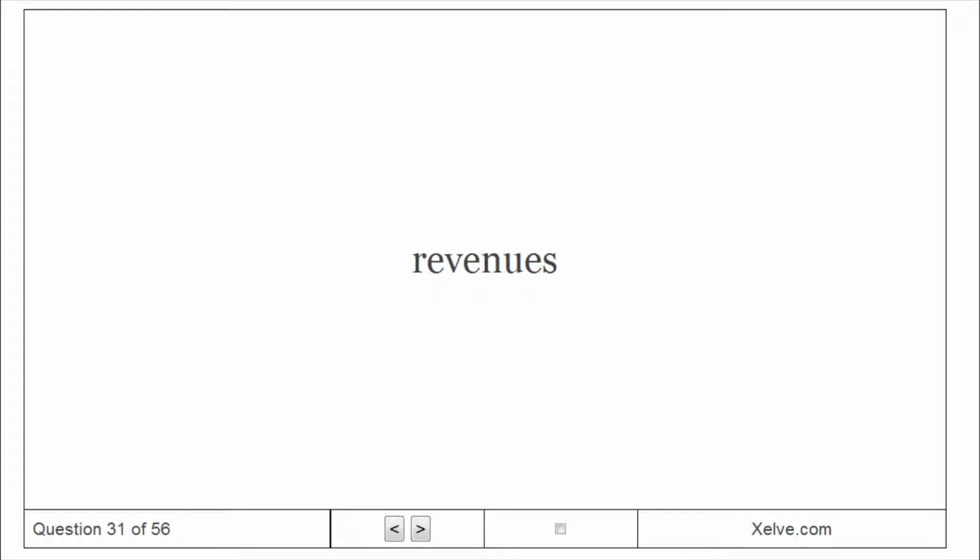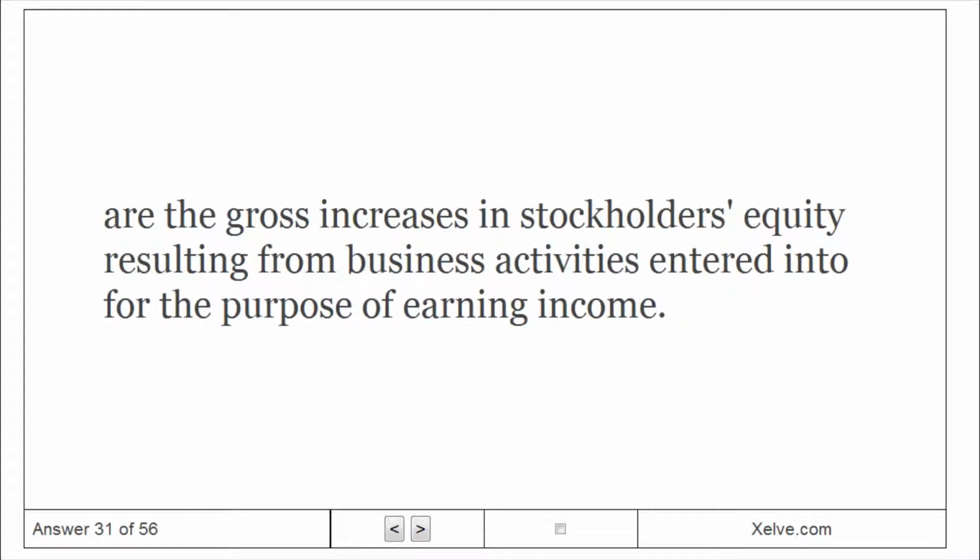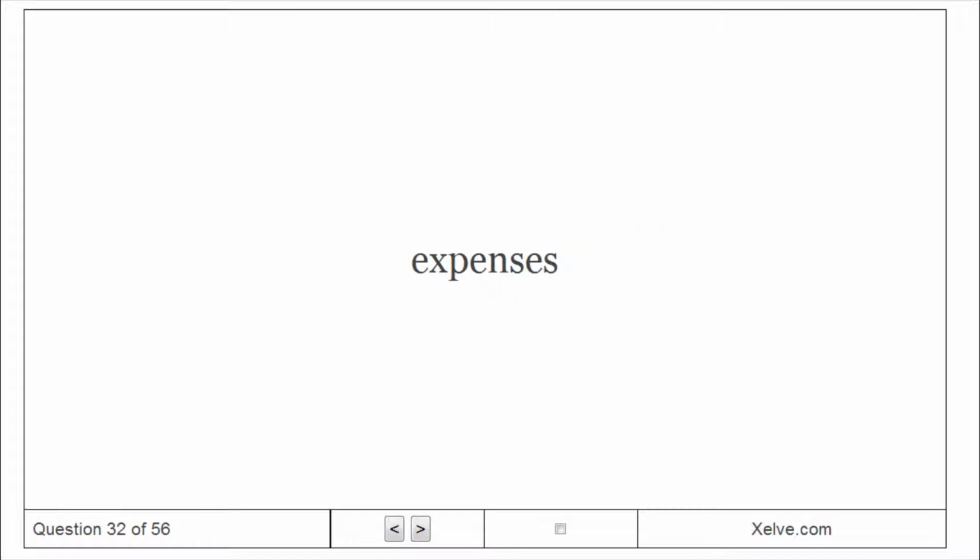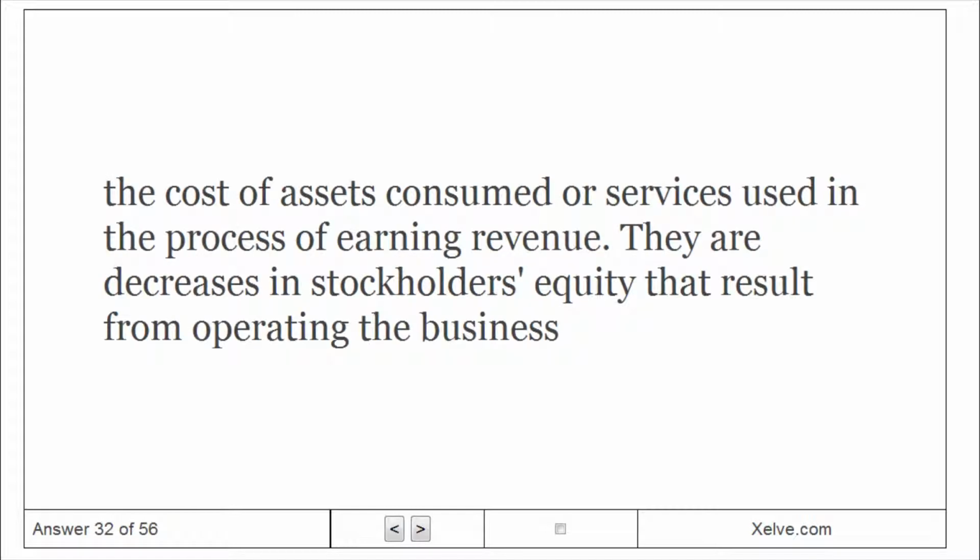Revenues are the gross increases in stockholders' equity resulting from business activities entered into for the purpose of earning income. Expenses. The cost of assets consumed or services used in the process of earning revenue.